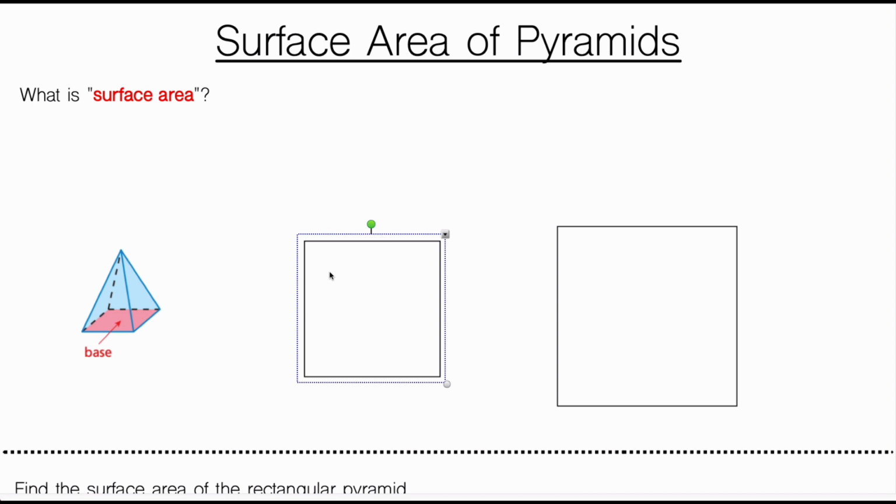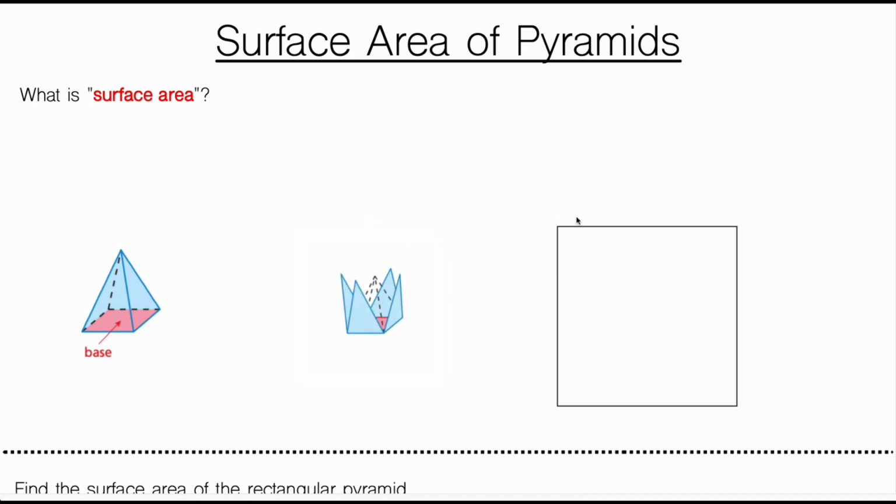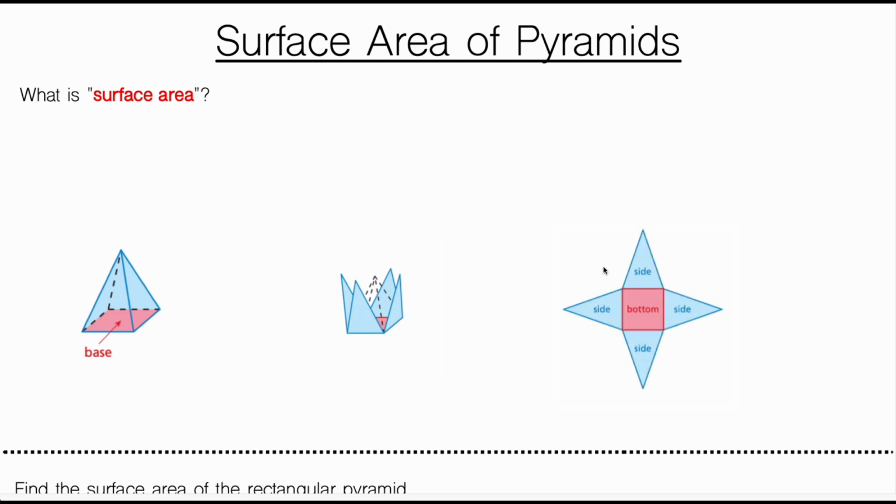To help you do that, we're going to unfold it all the way till it's laying flat. If we were to pull apart this pyramid, this is a rectangular pyramid, its base is a rectangle, and all of the sides are triangles, and that's exactly what it would look like laid flat. So we are going to be finding the area for this particular figure of 4 triangles and 1 rectangle.